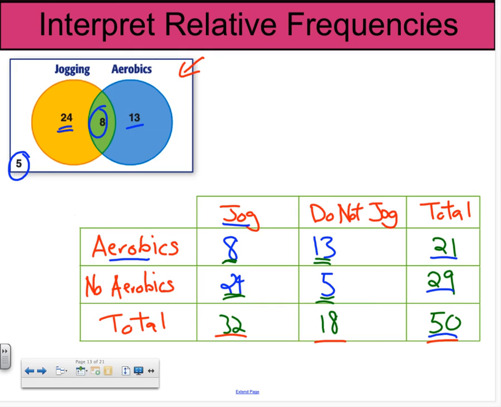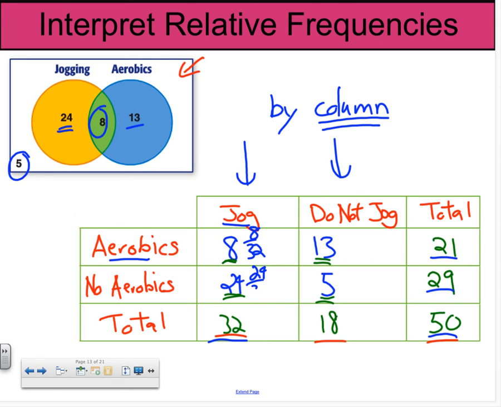It said to find and interpret relative frequencies by column. This is very important because we can only do one or the other. So that means we're going to be looking at columns. I'm going to take the total of 32 right here, and I'm going to put 8 over 32, and 24 over 32. 8 over 32 is equal to 0.25, and 24 over 32 is equal to 0.75.